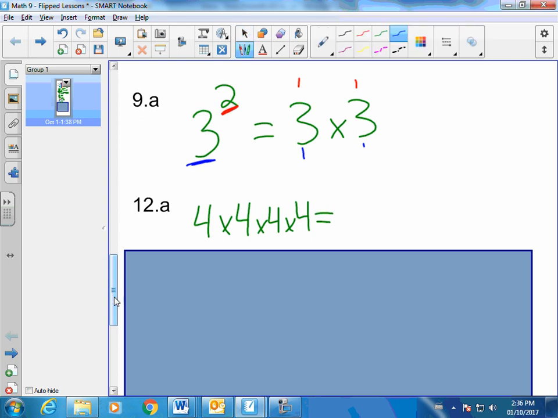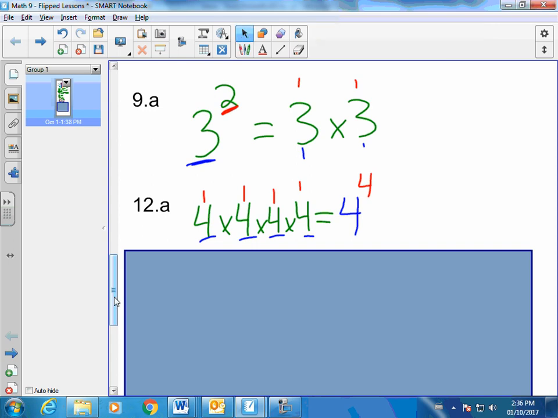Well, I know my base is going to be 4. And then I'm going to count up how many times is it used. 1, 2, 3, and 4. So my answer is 4 to the 4th power. Go ahead and finish up 12a on your own.